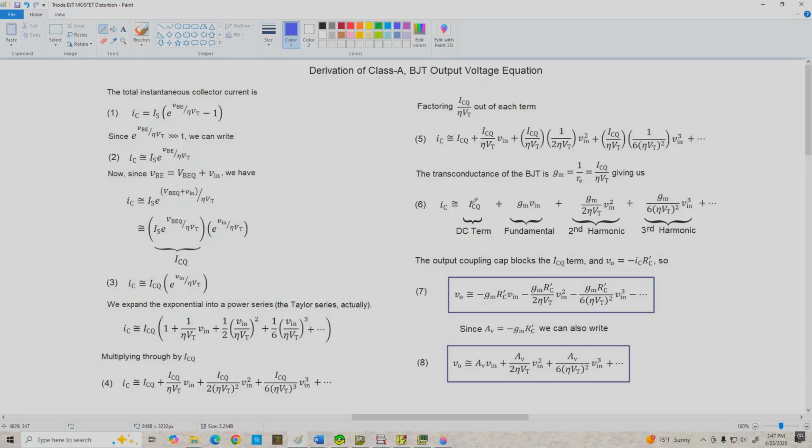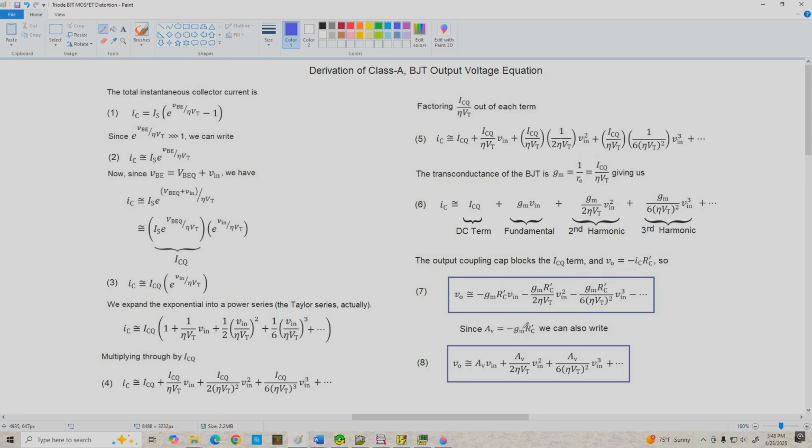Okay, so here we're dealing with current, but we'd rather be looking at the output voltage. So if we multiply IC times negative R prime C, we get the output voltage, and that's what we have in this next equation down here. And again, rather than dealing with transconductance, we can express this in terms of voltage gain.